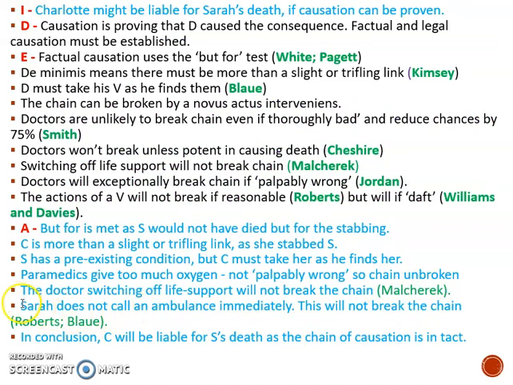As I said before, Sarah doesn't call an ambulance, but that's not going to break the chain. And in conclusion, it looks like Charlotte's going to be liable for Sarah's death because the chain of causation is intact. As I say, this is very listy, just so you can see the order of what I've gone through. You would be writing in full sentences.